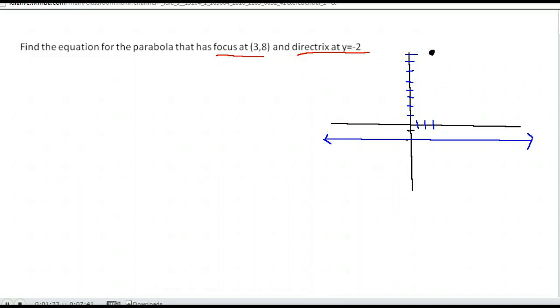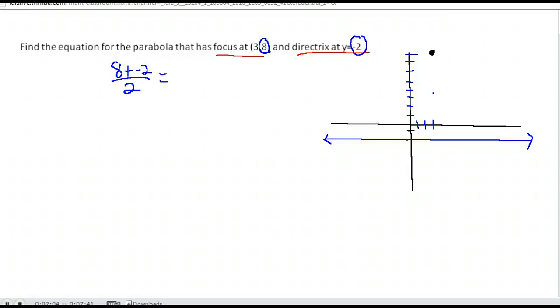Okay, now the parabola is going to be between these 2 things. In fact, the vertex of the parabola, its turning point, is exactly between the focus point and the directrix. Okay, so we want to find the middle there. Notice we have y values here. We can average them to find the middle, or you can count till you get to the center of those 2 points. But since I had y equals -2 and the focus point, my y value was 8, I'm going to add those 2 and divide by 2 to find their middle, or their average.